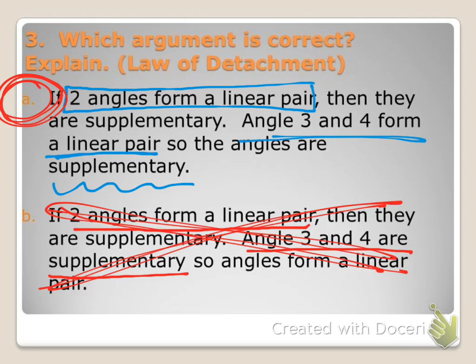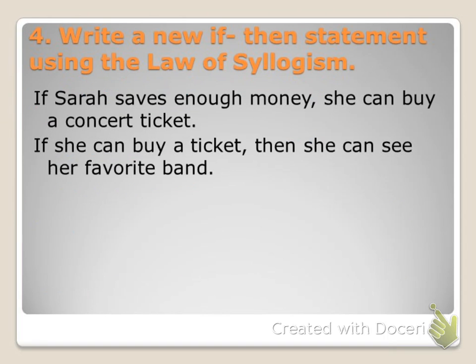Just write 3 and then the letter A. Don't write out all the if-then stuff. Just 3 and then A, and then we'll move on. Don't write anything. I just want you to write the answer.